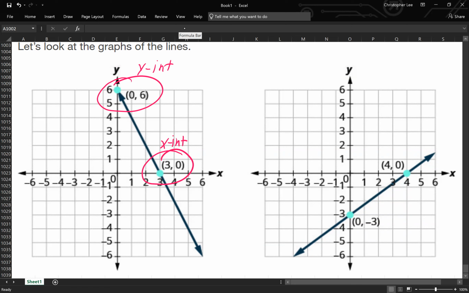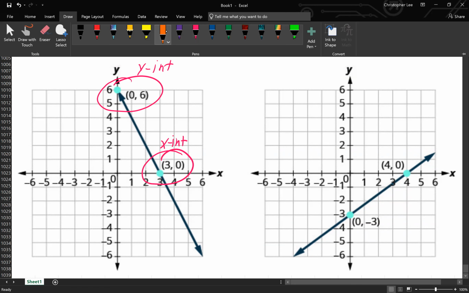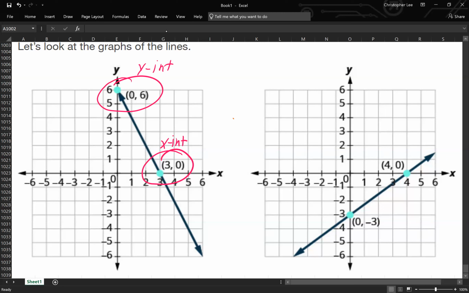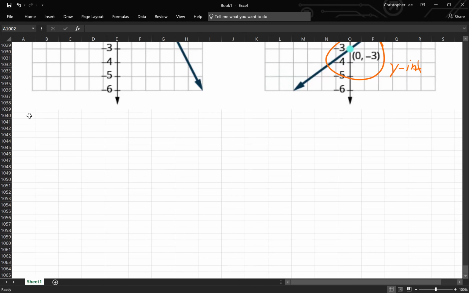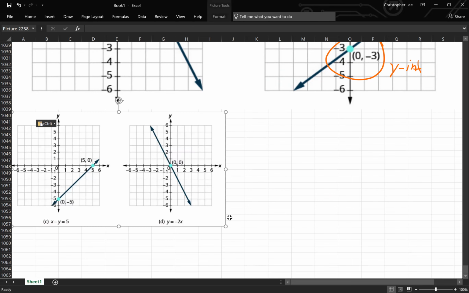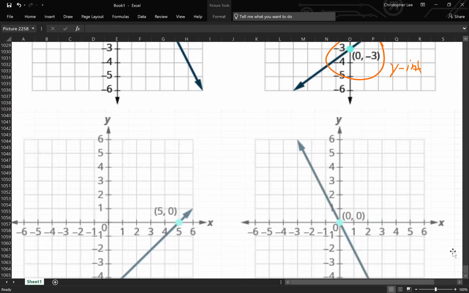Let's look at the other one. Let me get orange real quick. All right, let's go. What's the x-intercept? Very good. What's the y-intercept? I'm impressed. Pretty good. All right. How about over here?